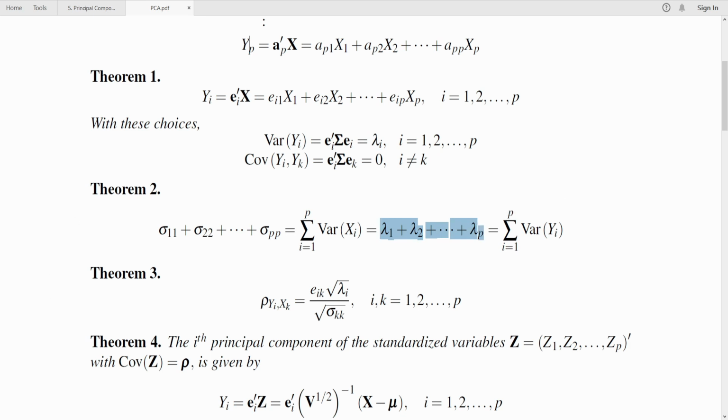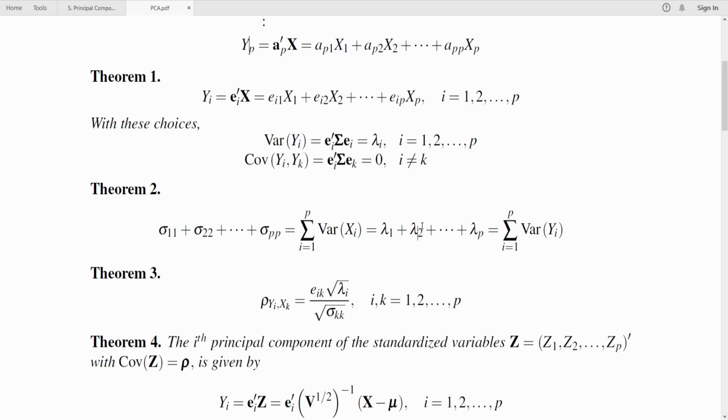In that sense, we can actually find the proportion of total population variance due to each principal component. So if we just divide, for example, lambda 1 by the sum of all those, we will get the proportion for the first principal component. In general, this is one of the ways to determine how many principal components we want.